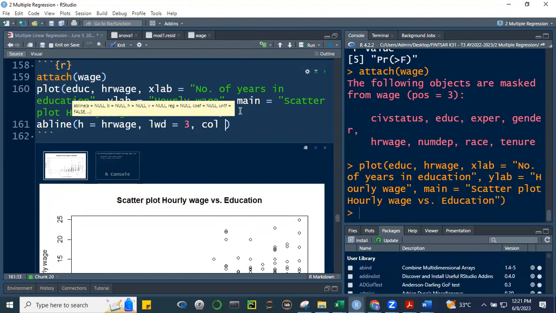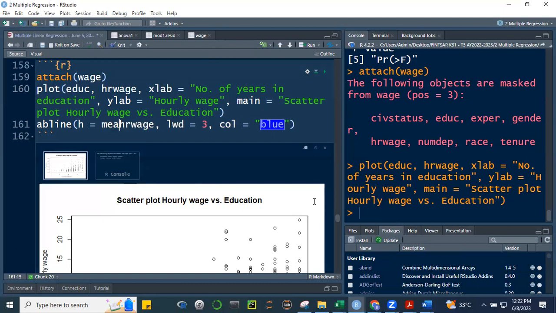Tapos, color gawin natin blue. Okay. So, I'm going to add to this one a line. And H stands for horizontal. Pag V, vertical line yan. Okay? And, sorry. Ang horizontal line natin dapat yung average, no? Mean ni hourly wage.